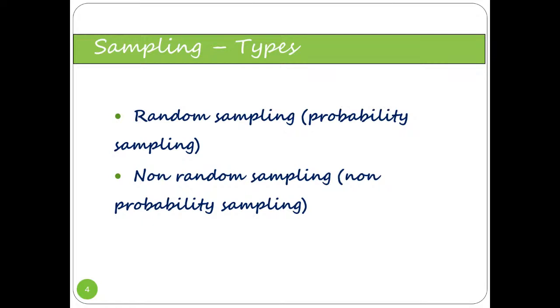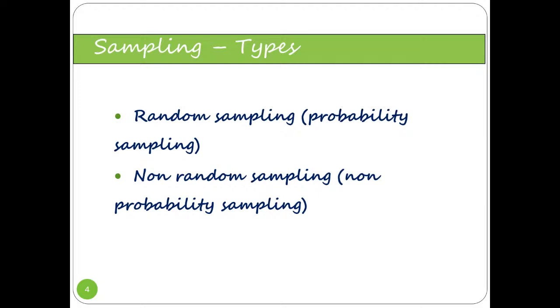Whereas non-random sampling or non-probability sampling is very practical, and all medicos can use it very easily or conveniently, because it doesn't have many rules or principles. It does have principles, but it can be used practically, whereas probability sampling has particular principles which most of the time cannot be brought into practical use when we are dealing with a smaller sample size.